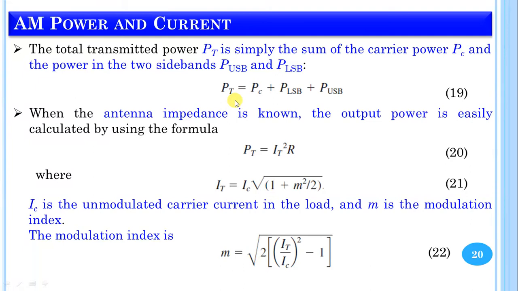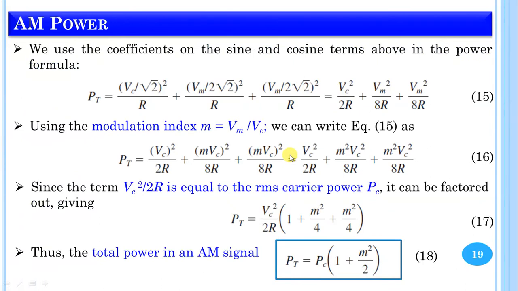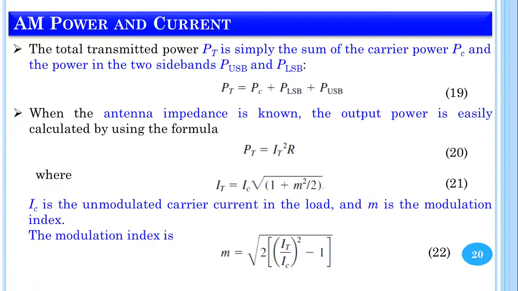When the antenna impedance is known, the output power is easily calculated by using the formula Pt is equal to It square R, where It is equal to Ic root of 1 plus m square by 2. So simply by considering Pt is equal to It square by R, and putting this value in equation 18, similarly for Pc, we get the value of It which is equal to Ic root of 1 plus m square by 2.